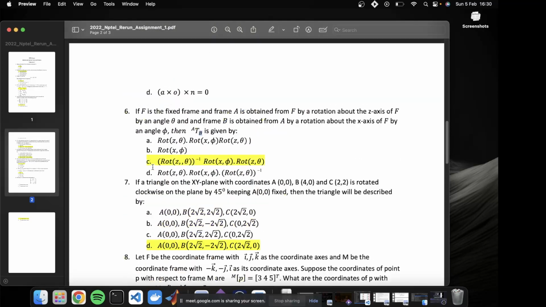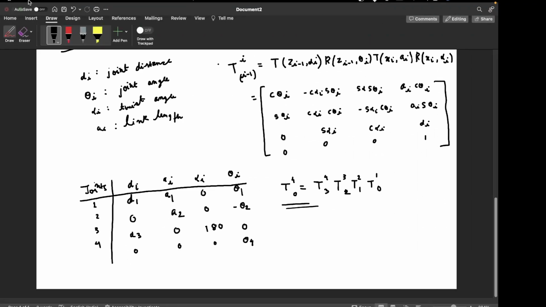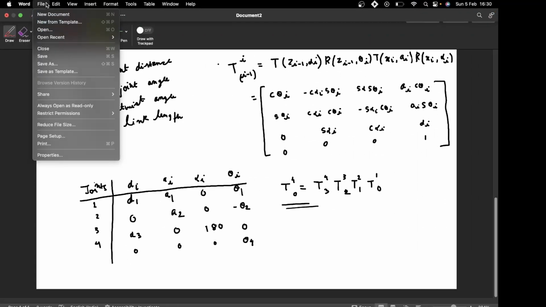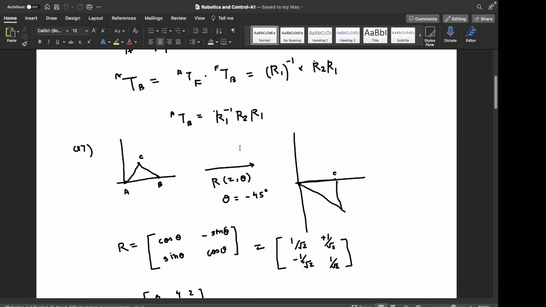Something like this, right? Yeah, similar to this. Let me show you the word file.